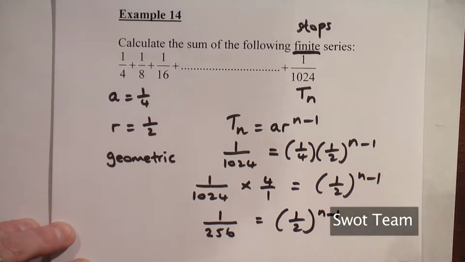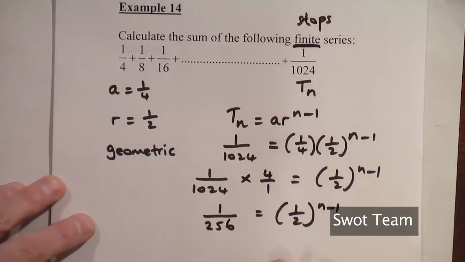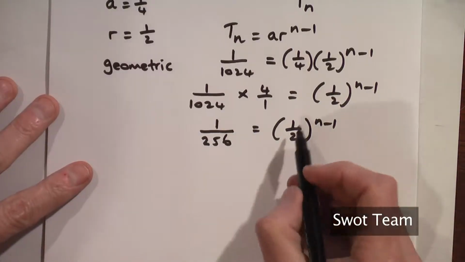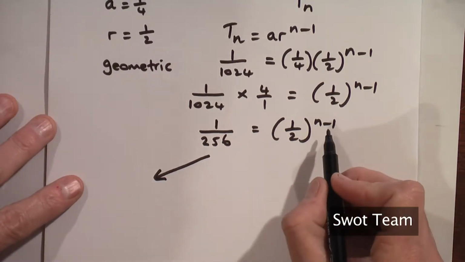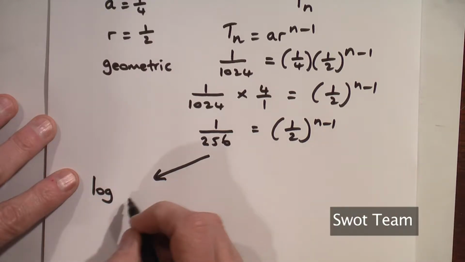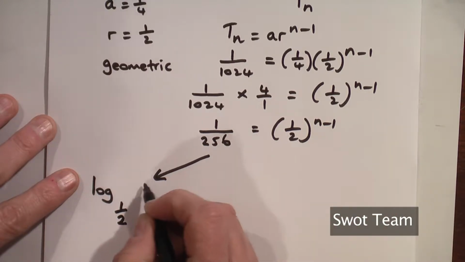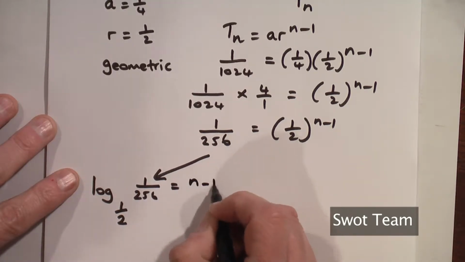Okay, now, if you have a look at this, this is quite nasty. Now, there's two ways you could approach this. And what I do like is using the idea of logs. So let's have a look at two possible ways. If you use the log button, you can go log, okay, the base is a half, so it becomes the base on the other side of the fraction: log base a half of 1/256 is equal to n minus 1.